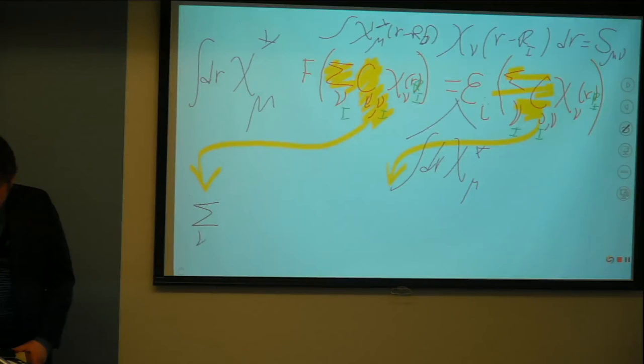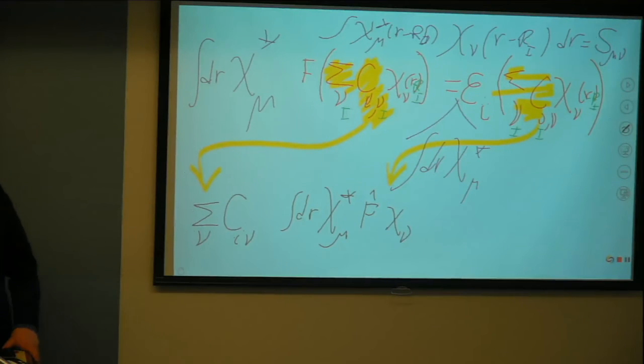And now we write summation C mu, integral dr chi nu star f chi mu, equals eigenenergy epsilon i, integral dr chi nu star.